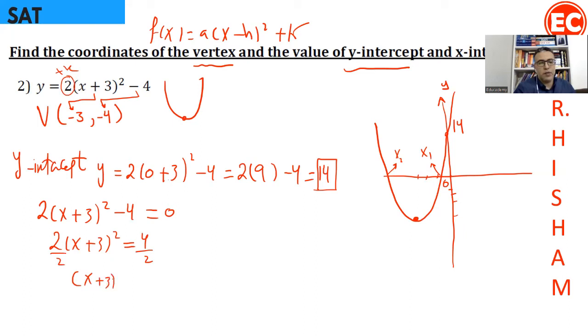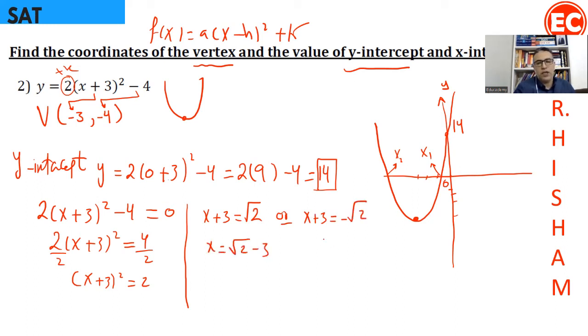So (x + 3)² is equal to 2. So x + 3 is equal to positive root 2, or x + 3 is equal to negative root 2. So x is equal to root 2 minus 3, or x is equal to negative root 2 minus 3. Notice that.